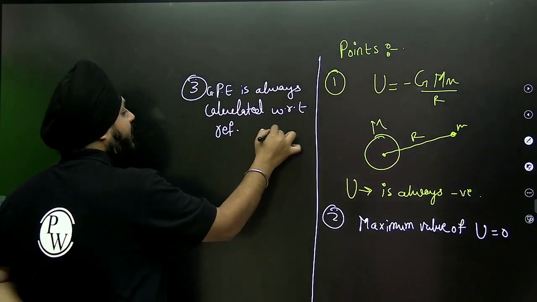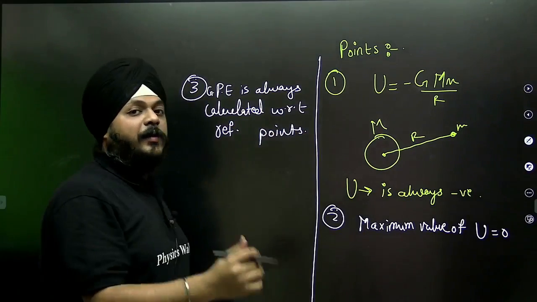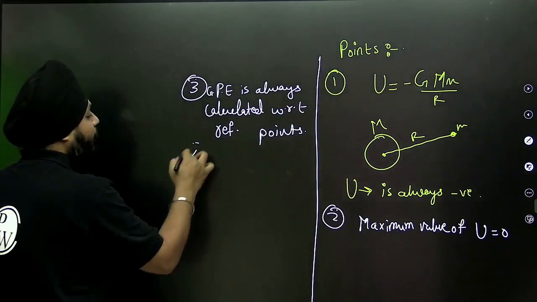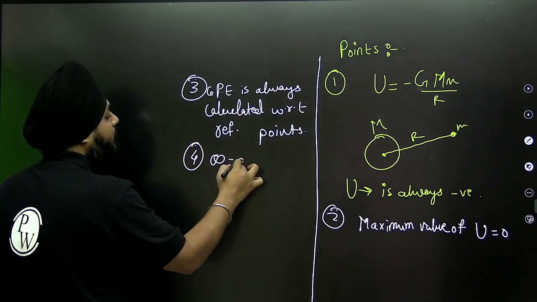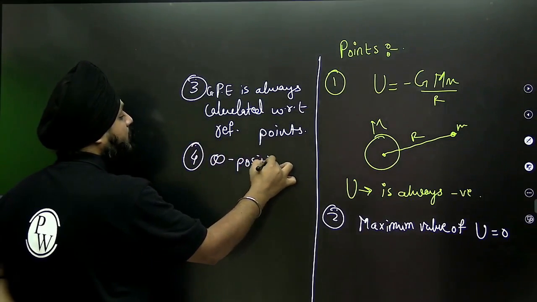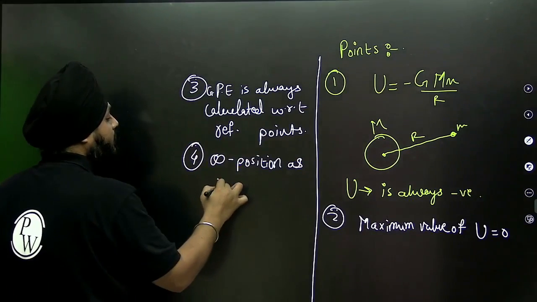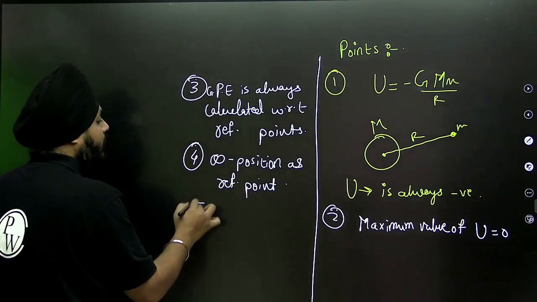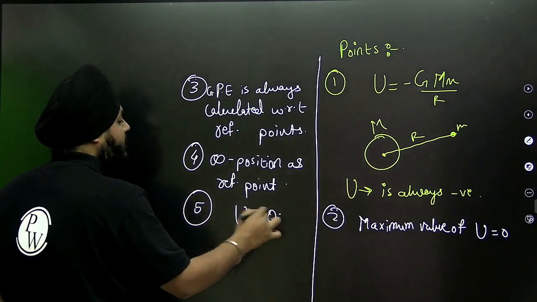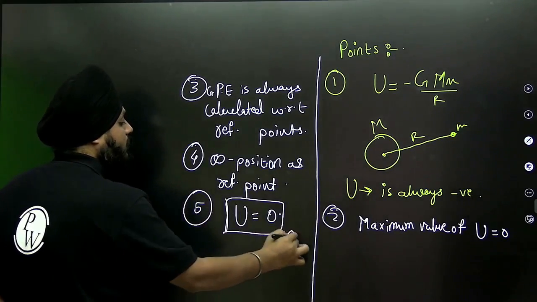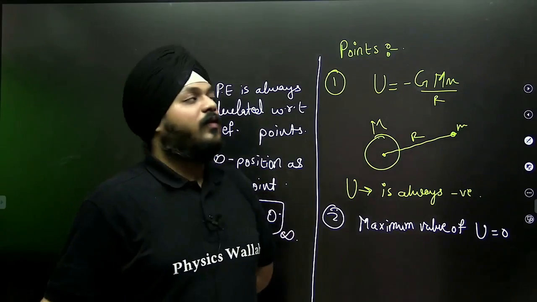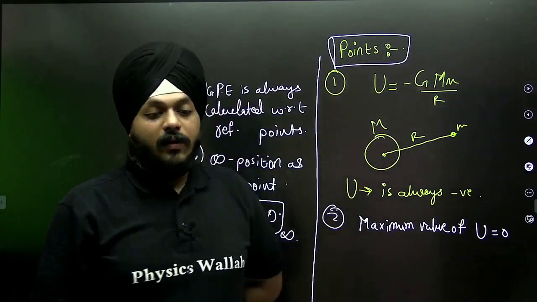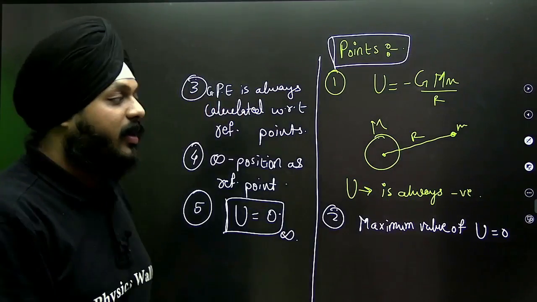In work, energy and power, we were taking the ground as the reference point. Here we are taking the infinite position as the reference point. At the infinite position, the gravitational potential energy is 0. So these are some noteworthy points related to the gravitational potential energy.